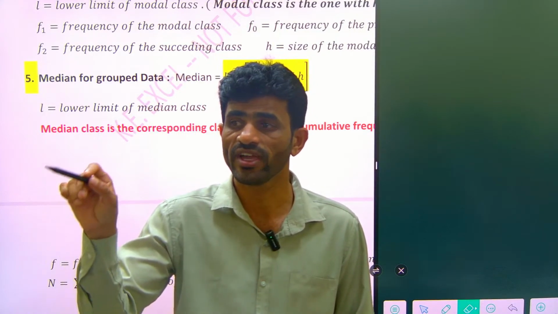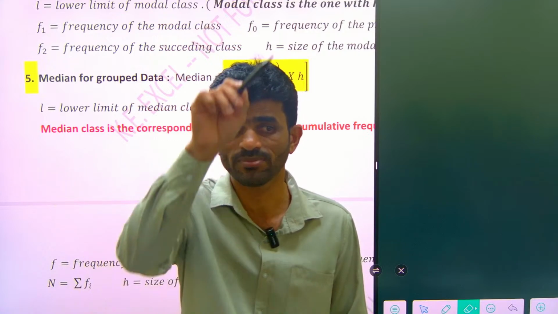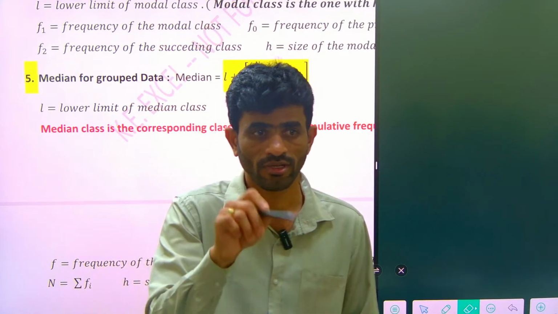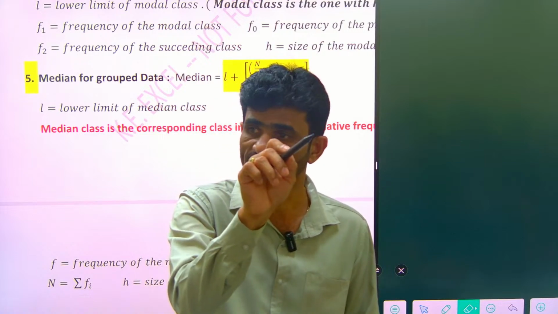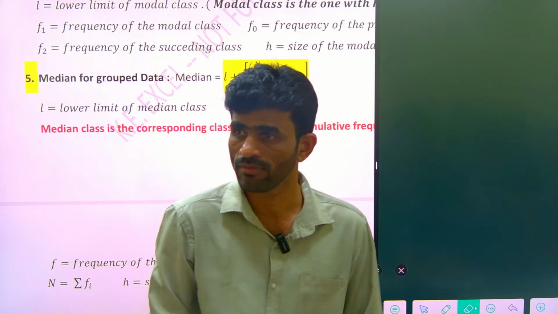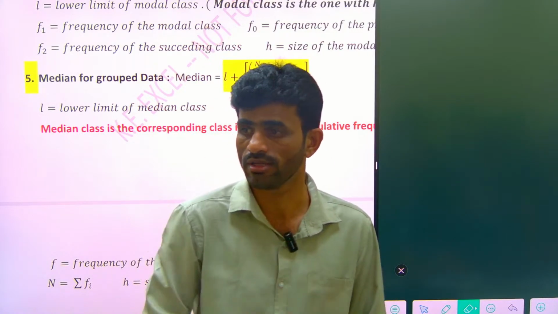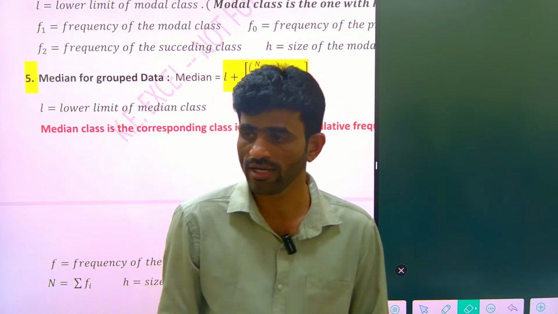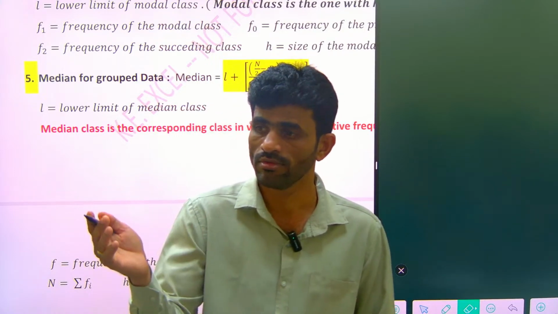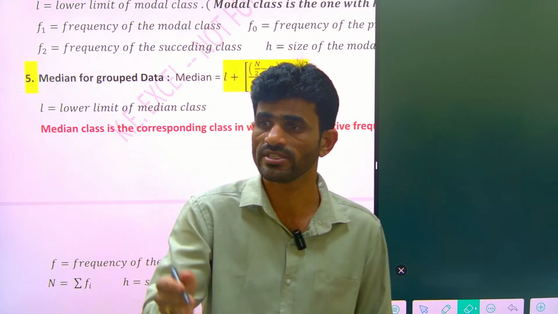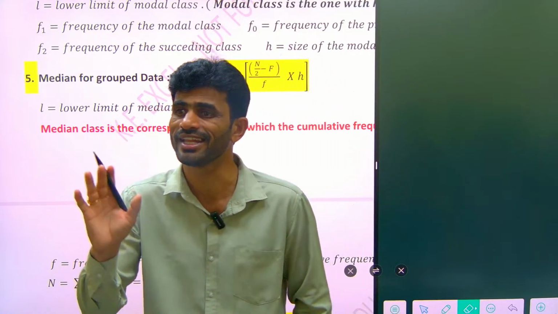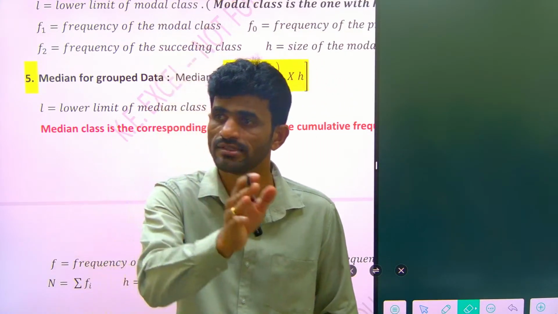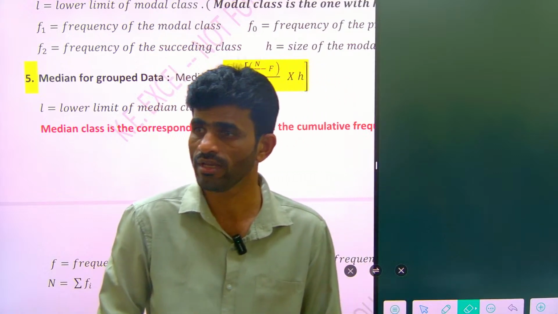Then we identify where this 50th observation is present in the data. 10 to 20, 20 to 30, is the 50th observation there in 10 to 20? You have to see. You can take cumulative frequency or directly see the 50th observation according to the frequency. For example, the first class 10 to 20 is given only 13.